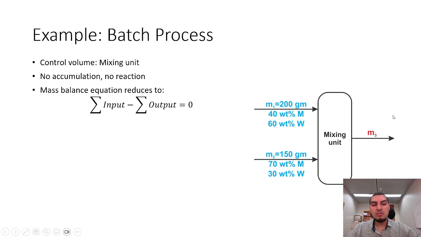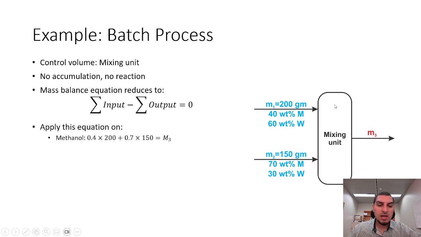For methanol, the methanol in is equal to 0.4 multiplied by 200 plus 0.7 times 150. This is the methanol in, and we have methanol out that we don't know until now. We can calculate the methanol in the product as a flow rate, which is 185 grams. The same for water: 0.6 multiplied by 200 plus 0.3 times 150 equals water in stream 3. So I can calculate water in stream 3.